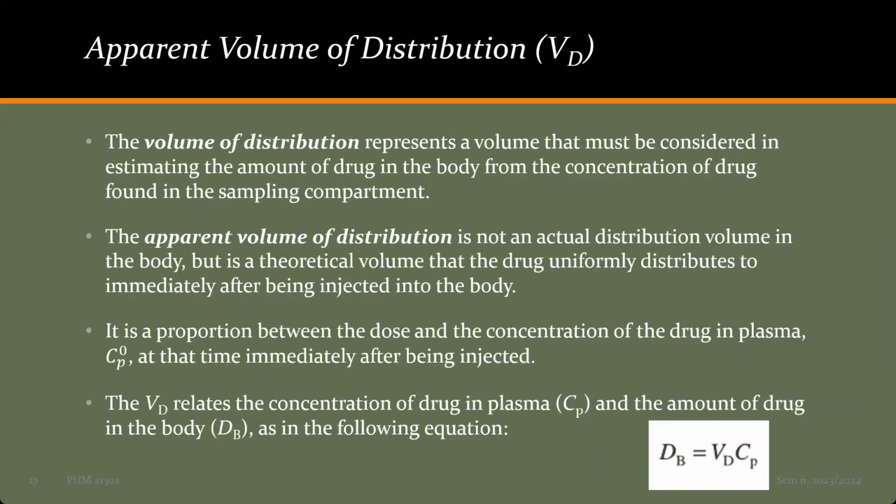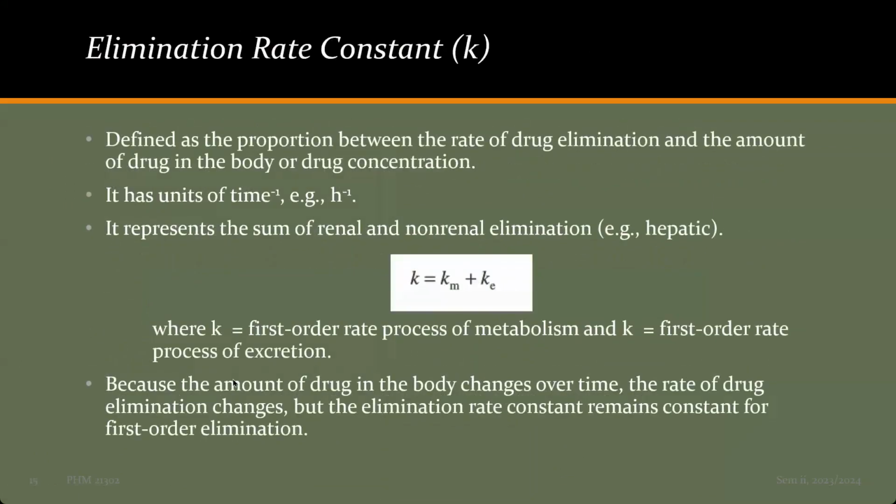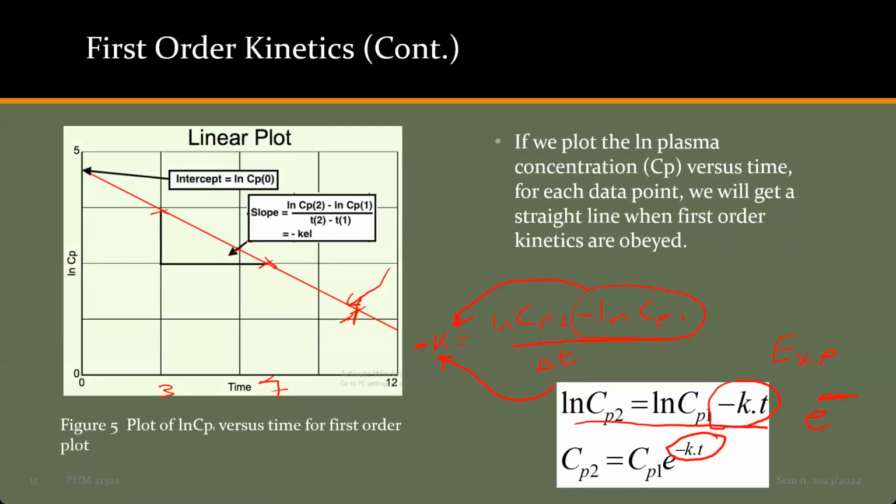I can calculate it using the value of K, the time between the 2 points, and the concentration in the other point, whether the one at 3 or the one at 7 hours. Okay? We will solve some problems and we will practice, we'll see how to do it.